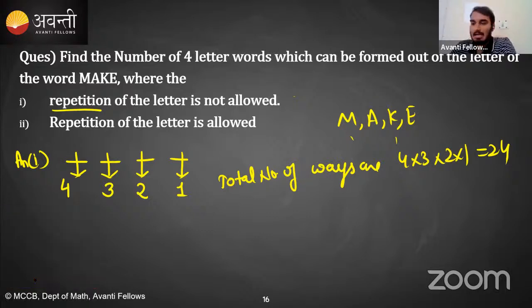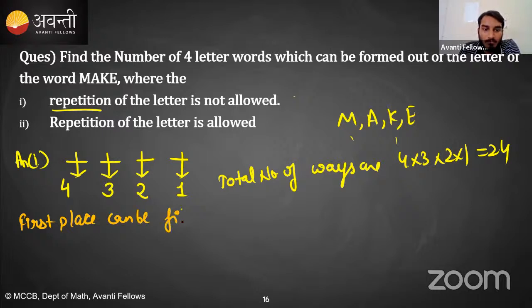So let me write this down in words so that you can understand more clearly. First place can be filled with 4 ways. Yes or no? Because we have 4 choices.